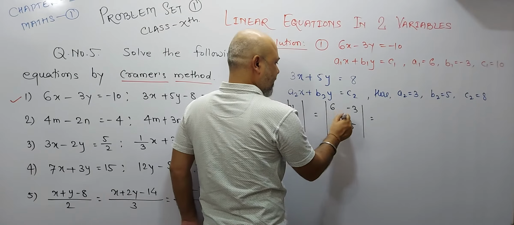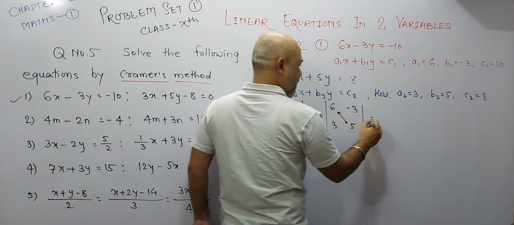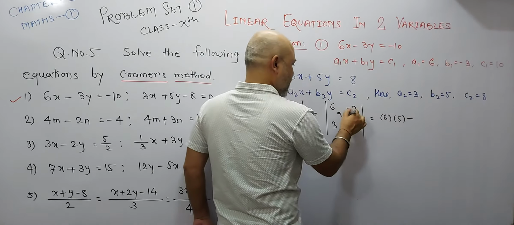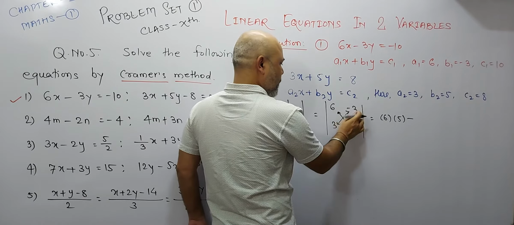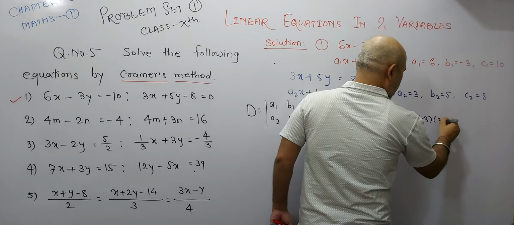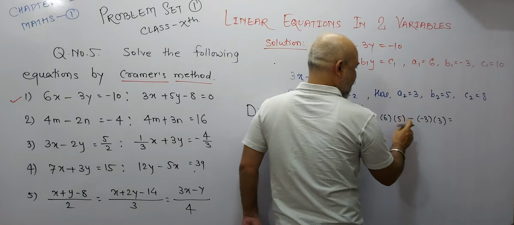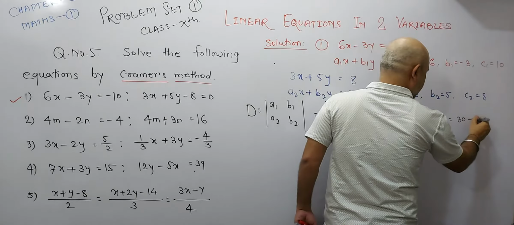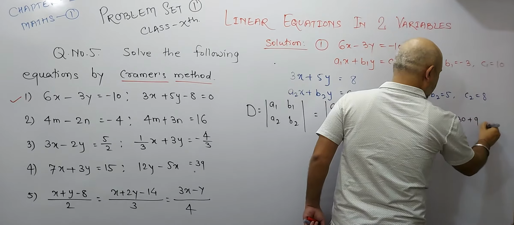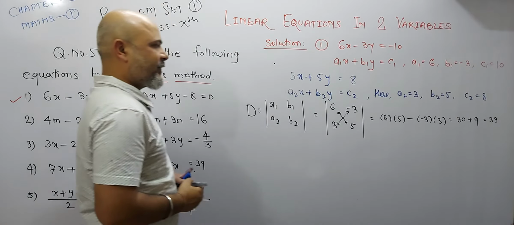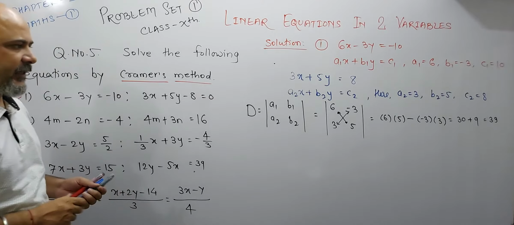We multiply 6 by 5 and then minus sign, minus 3 multiplied by 3. So 6 fives are 30. This is a minus, so this minus becomes plus. 3 threes are 9. So this is equal to 39. So the value of D is 39.